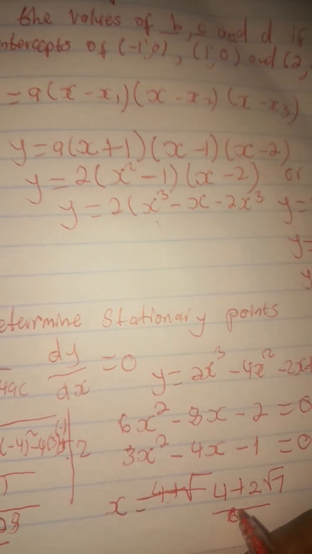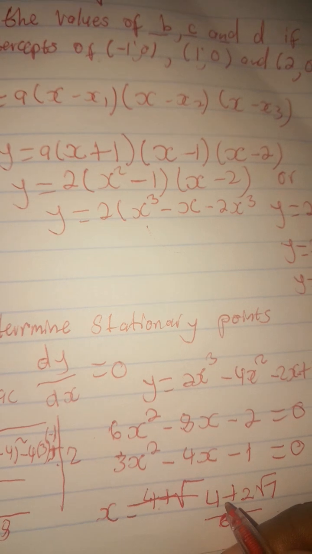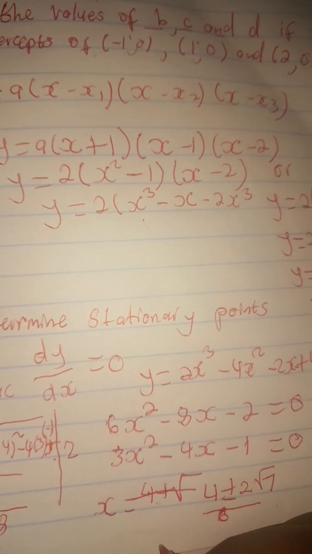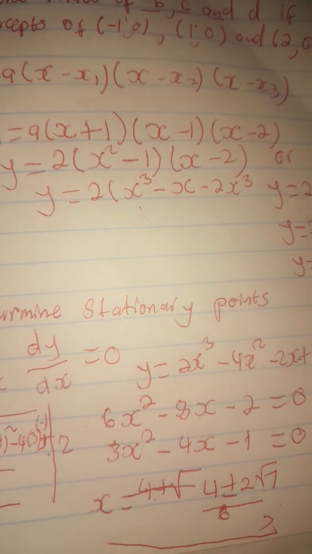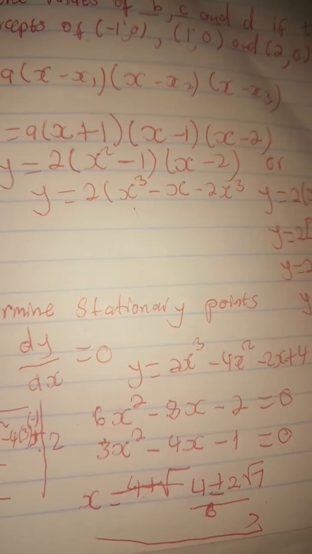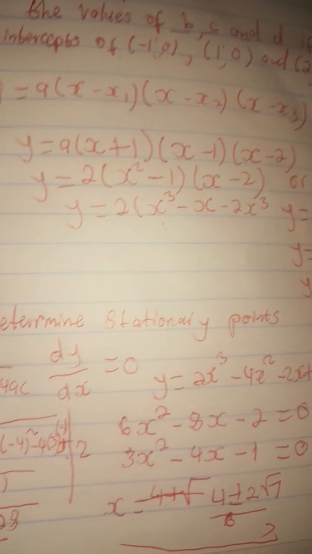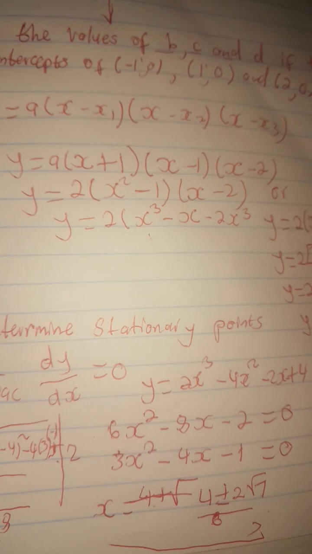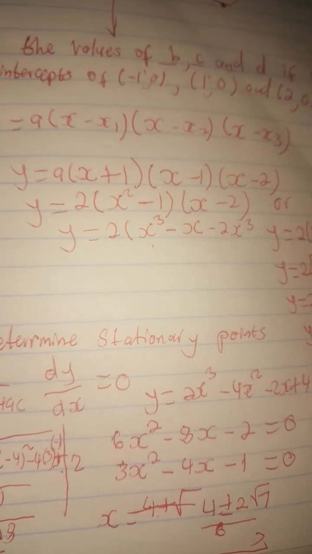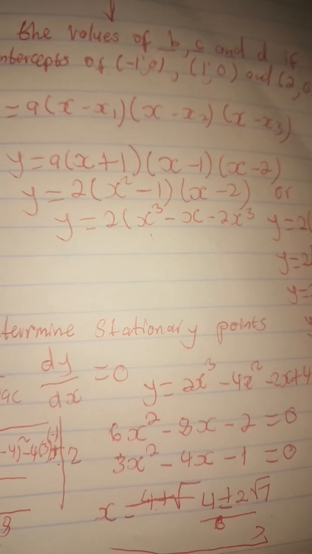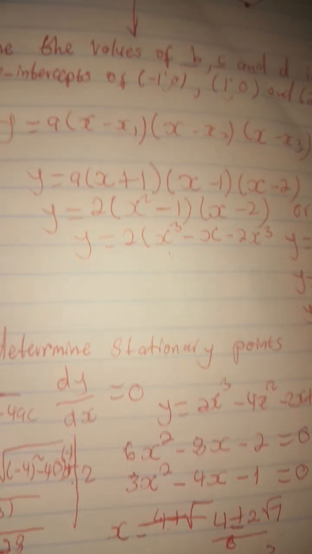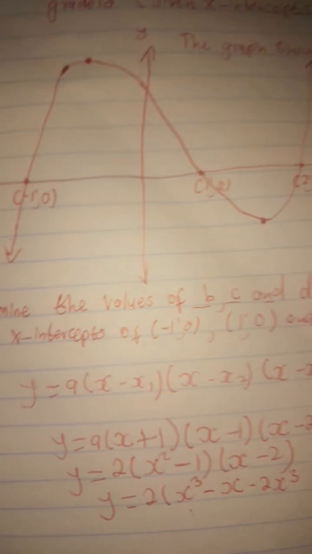Don't forget, it's plus or minus. Yes, from here we can end, or we can simplify further if we want to. But that will be the solution. X is equal to 4 plus 2 root 7 divided by 6. That's how you can work out the first part.